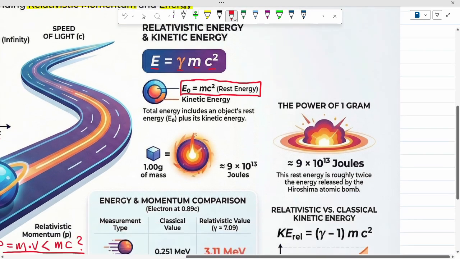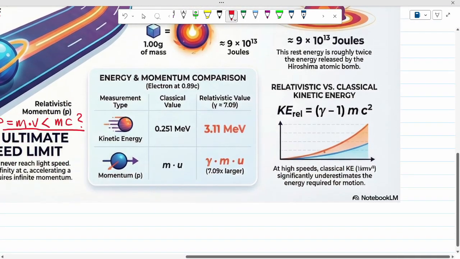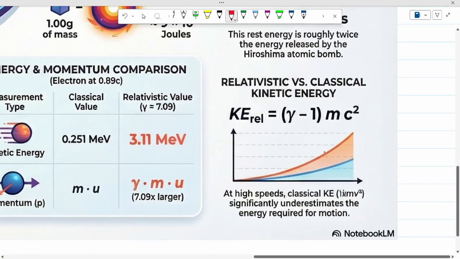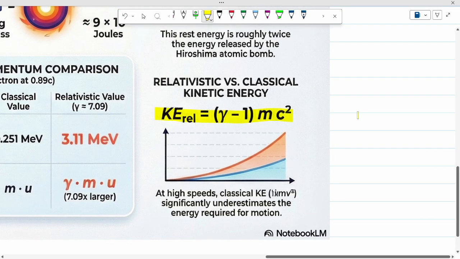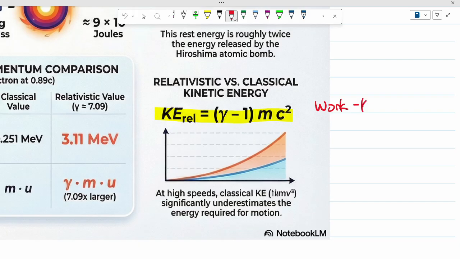In a calculus-based physics class, what we actually do first is derive this kinetic energy expression by using the work-kinetic energy theorem. I think we mentioned it before. It basically says that any change of kinetic energy comes from work done.